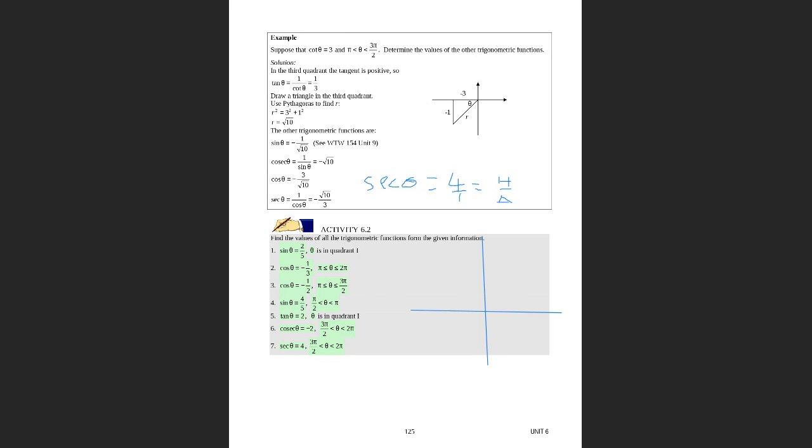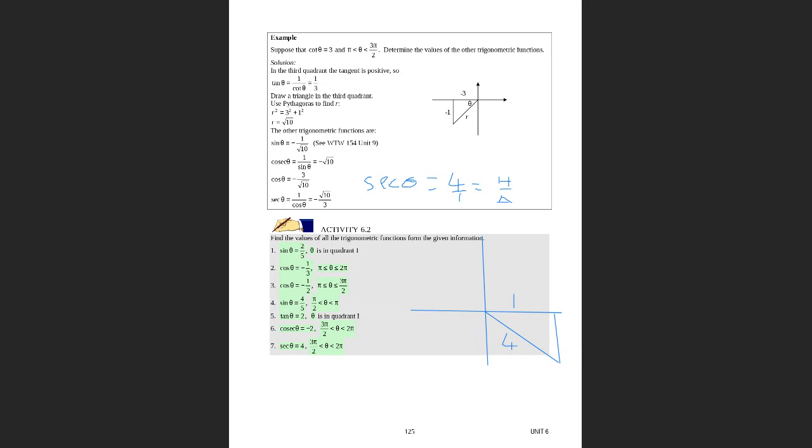So it's going to be in the 4th quadrant like this. That means our hypotenuse is going to be 4. Our adjacent already is positive, so here we are going to have 1.